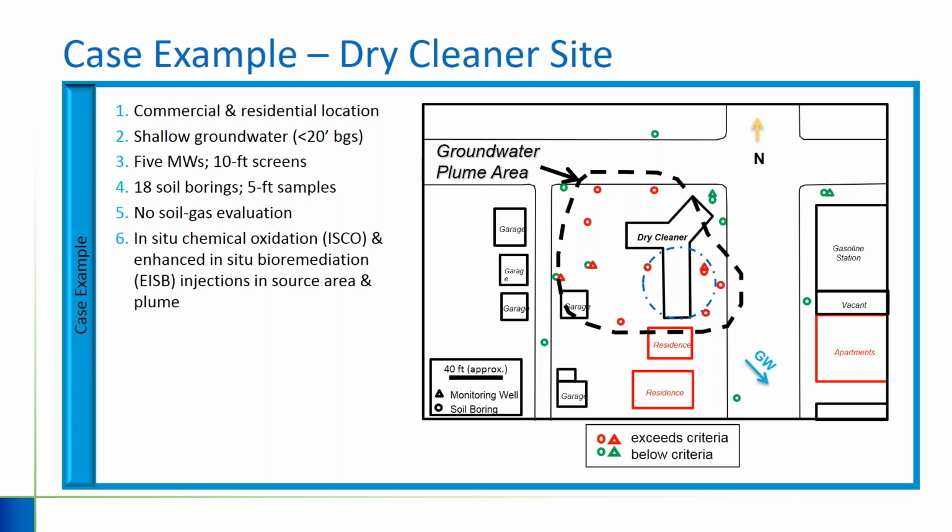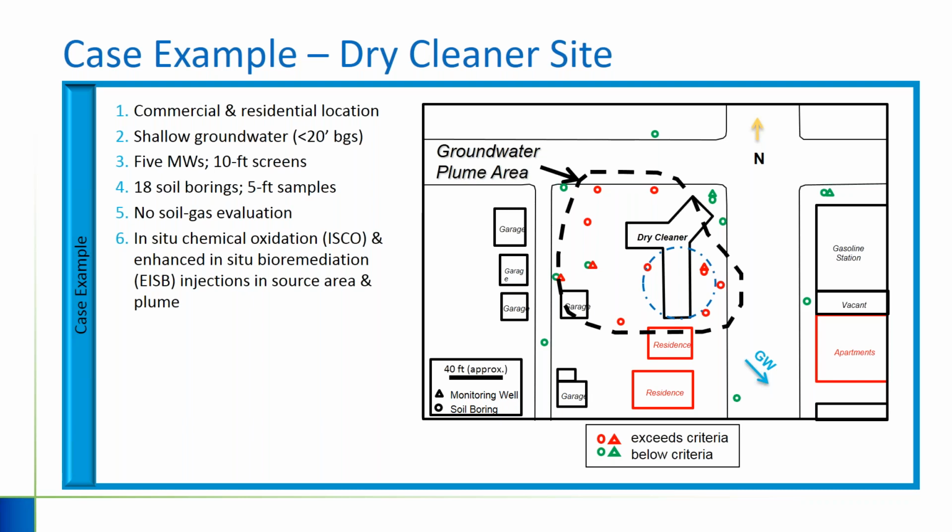So this is our problem statement step. And if you look at how this was done for this site, they really didn't do too bad of a job, considering this was several years ago when this initial work was done. I think a good 10 to 15 years ago now. So they had done 18 soil borings at 5-foot intervals. So there was some attempt at vertically discrete soil sampling.